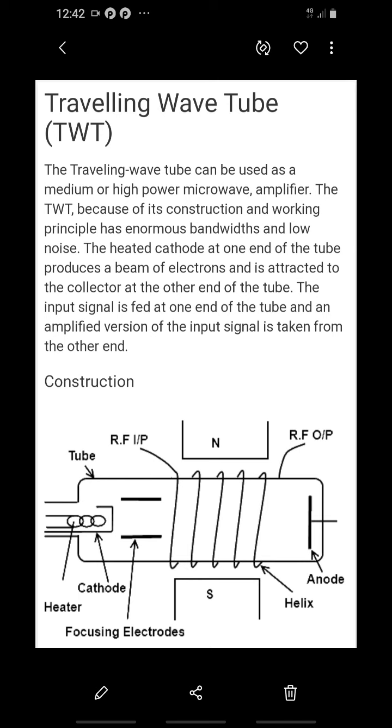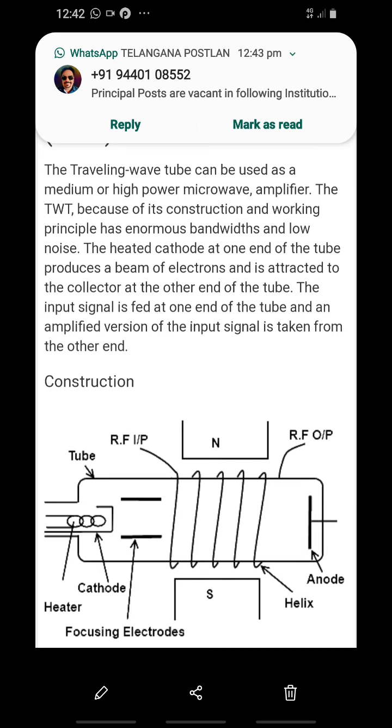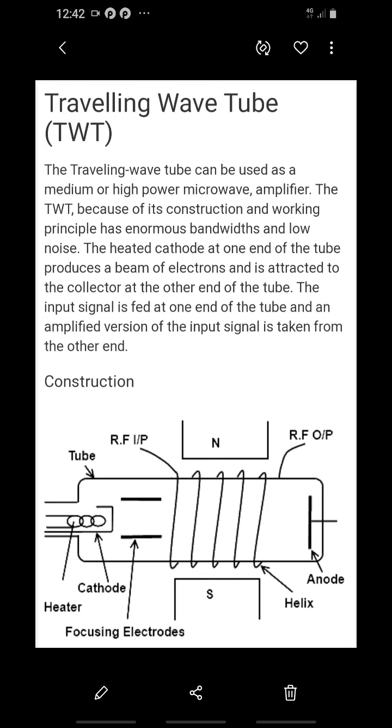The TWT, because of its construction and working principle, has enormous bandwidth and low noise. The heated cathode at one end of the tube produces a beam of electrons, which is attracted to the collector at the other end of the tube.